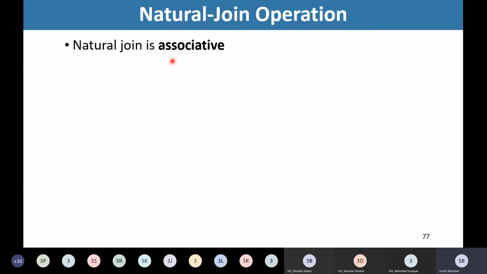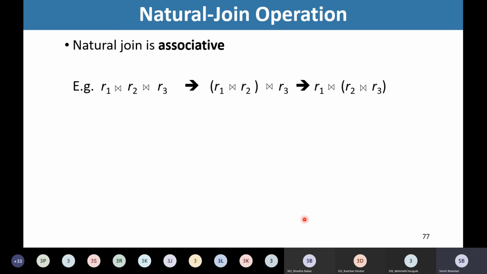So natural join is associative. Natural join has the property of association. What do we mean by that? If I have relations R1, R2, R3, then R1 natural join R2 natural join R3 is the same as first performing the natural join of R1 and R2, and then performing the natural join of that output with R3.